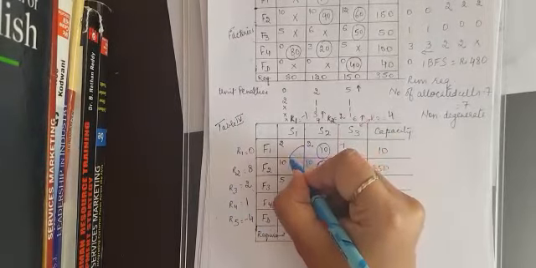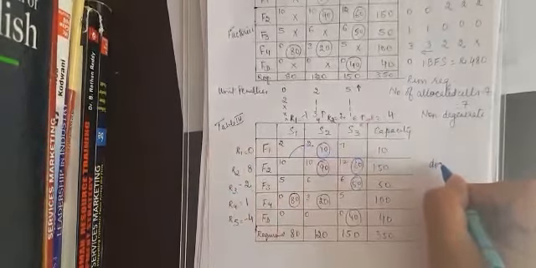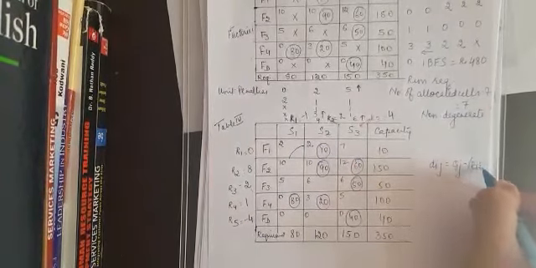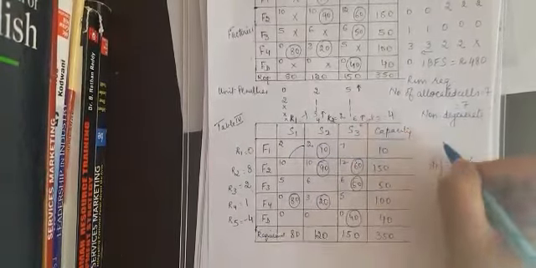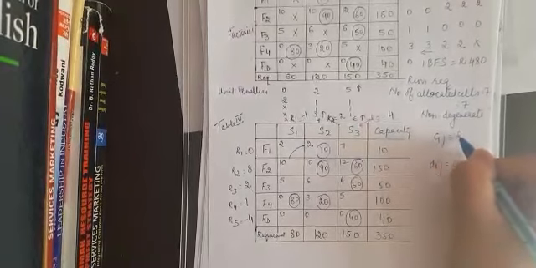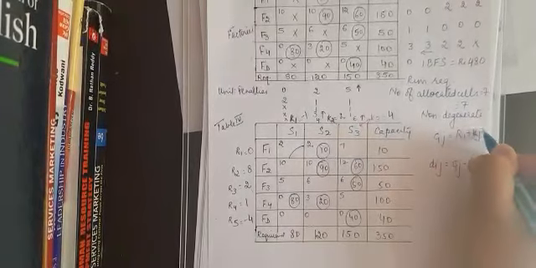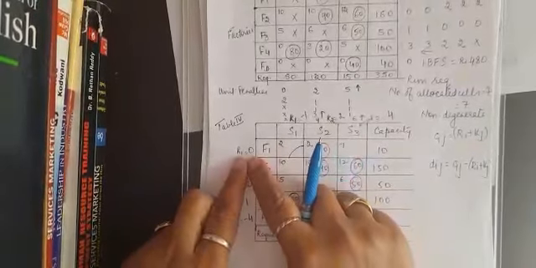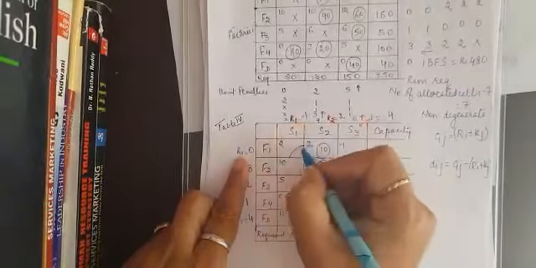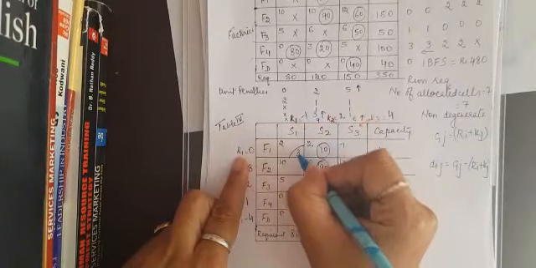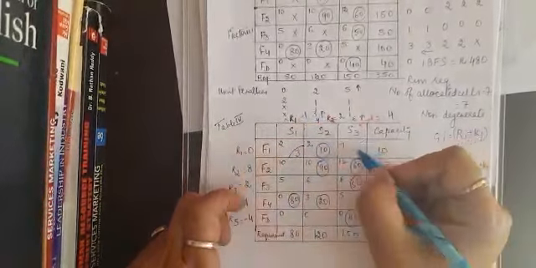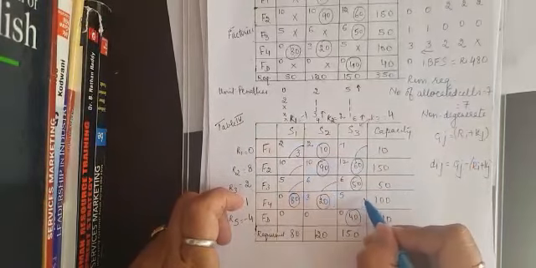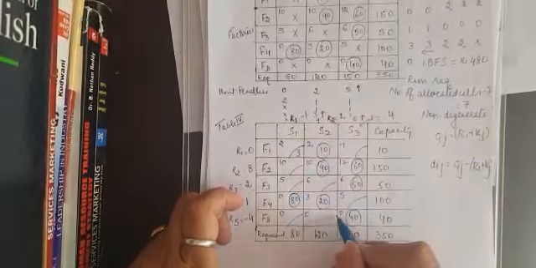Calculating the opportunity cost Dij, for unoccupied cells, Dij equals Cij minus Ri plus Kj. Now 2 minus 0 minus 1, 3, for all unoccupied cells. The next formula would be the same.